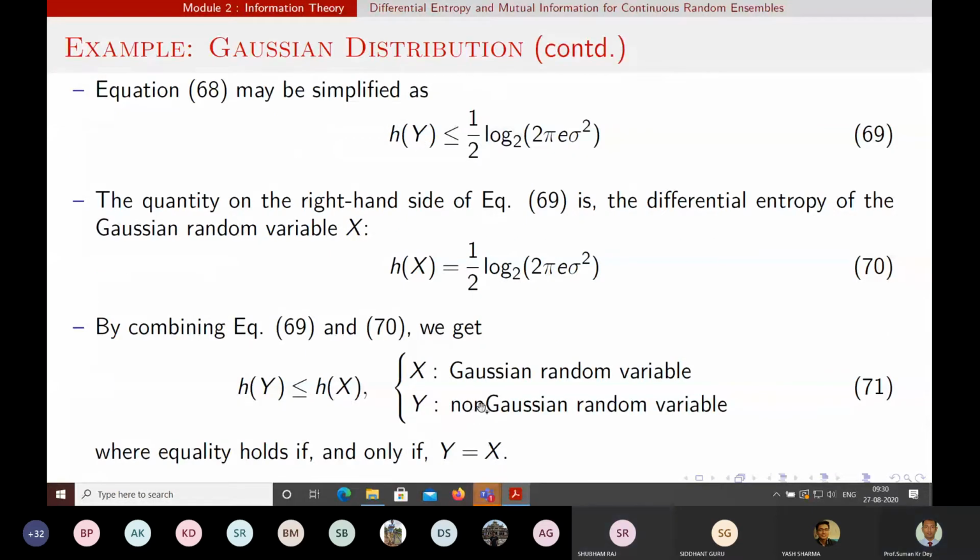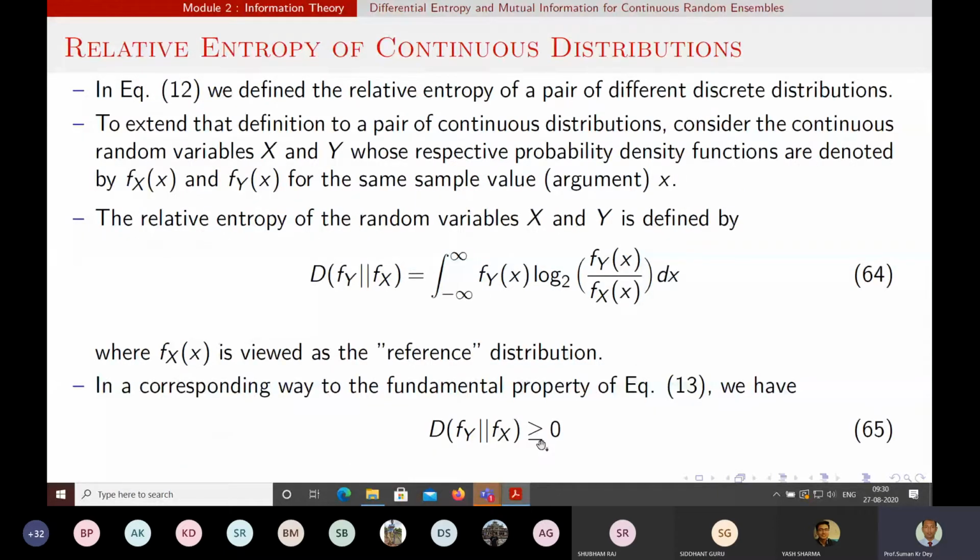Yes, sir. So from the differential entropy discussed earlier, the condition when the differential entropy value will be equal to 0, from this relation, if we take the differential entropy value equal to 0, this is a fundamental property of equation 13.